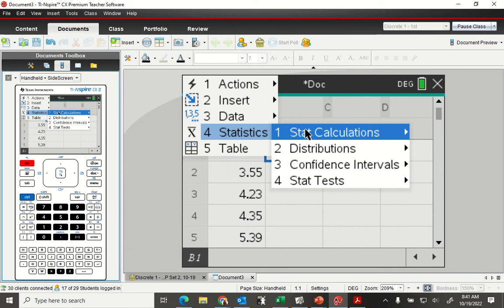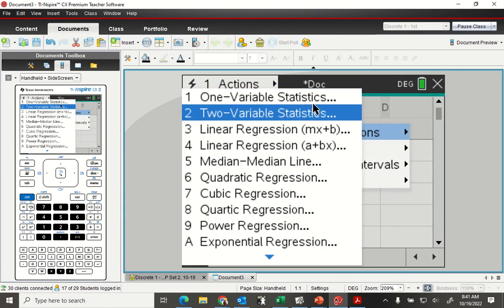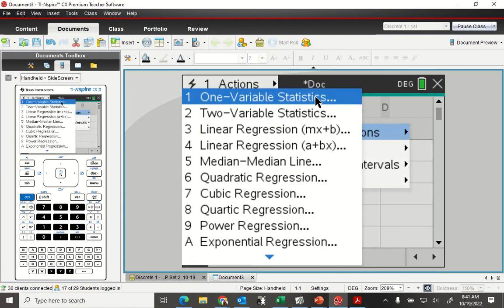You didn't get today's, did you? You did? Oh, I'll grab them. All right, so once we get to there, I know you guys are writing these down. One variable statistics. One variable statistics is what we're doing now.